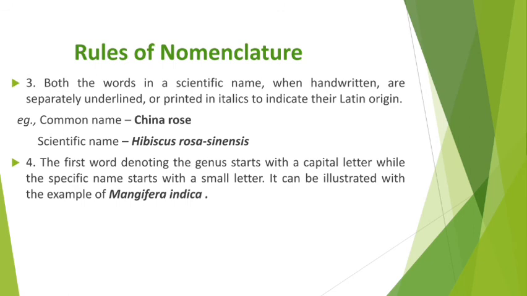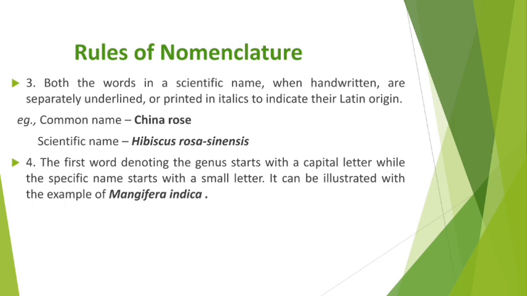So my dear student, today we came to know about the rules of binomial nomenclature, rules of scientific name. First rule: a scientific name should always be written in binomial form, that is in two words. The first word represents the genus, the second word represents the species.